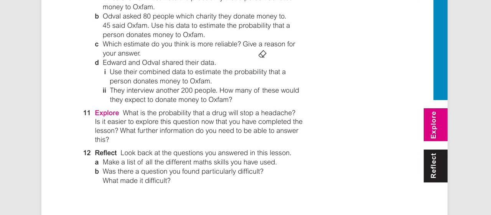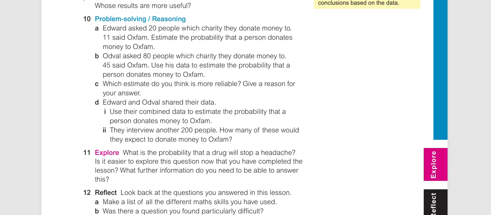Question 10. It's a problem solving reasoning question. This is 10A. Edward asked 20 people which charity they donate money to. 11 said Oxfam. Estimate the probability that a person donates money to Oxfam.